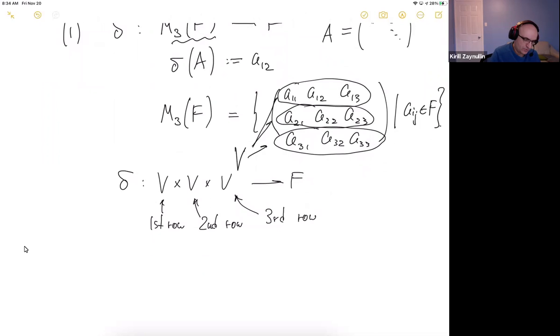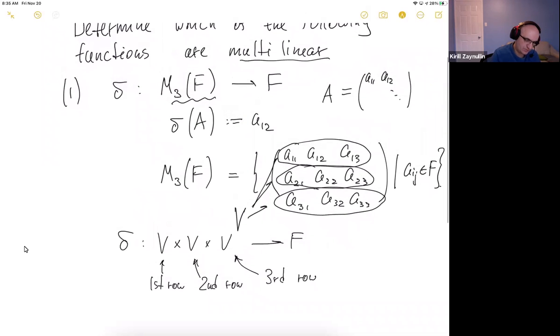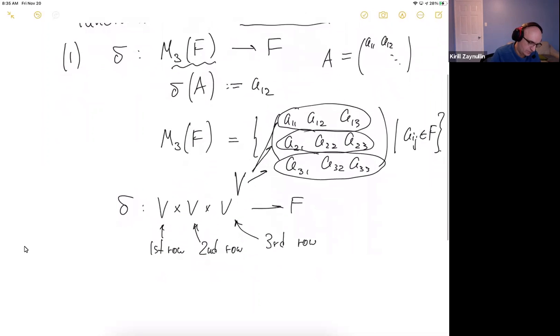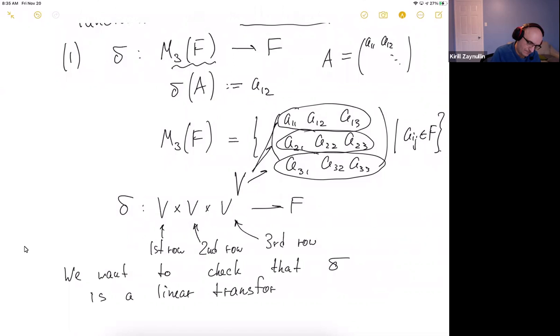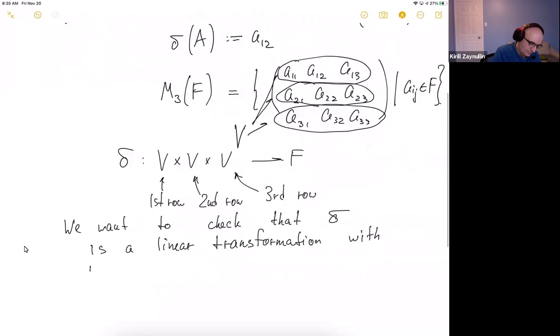Now, if you remember the definition of a multilinear function, what does it mean? If we want delta to be multilinear, we want to check that delta is a linear transformation with respect to each row, each vector space, each coordinate.